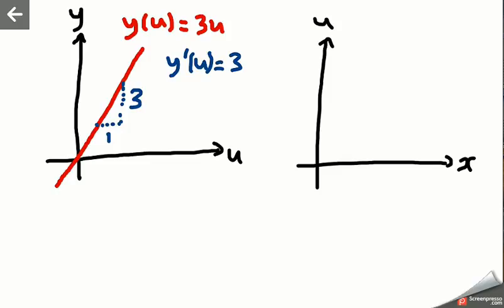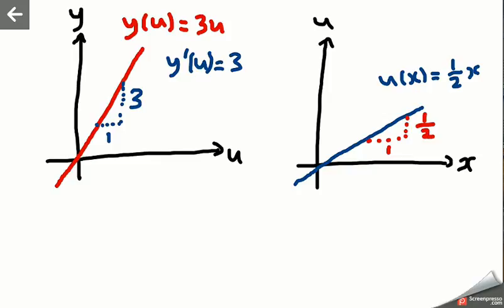And the function we'll use here will say u of x is equal to 1/2 of x. So what that means is that as x increases by 1 unit, u increases by 1/2 of a unit.